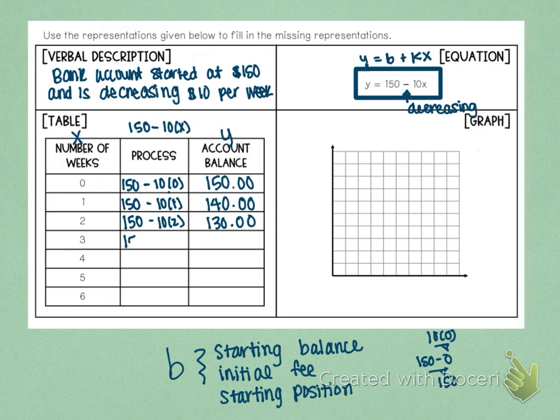Plug in again. 10 times 3 is 30. 150 minus 30 is 120. And then the next one, 10 times 4 is 40. 150 minus 40 is 110.